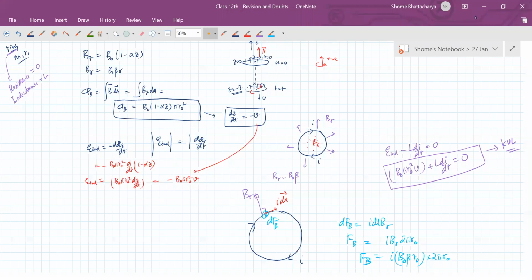Alpha term in the EMF I have missed. Yeah, I have missed the alpha term, correct. There will be alpha dz by dt. Just make a correction here.